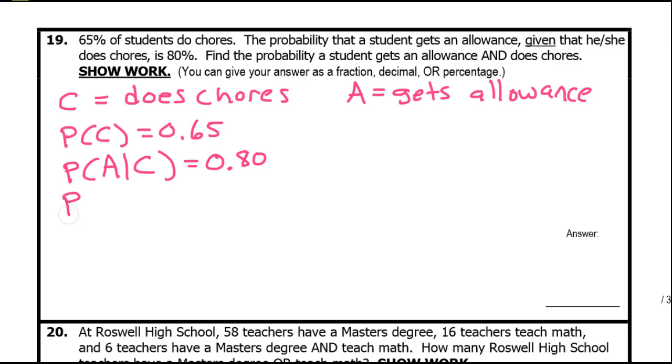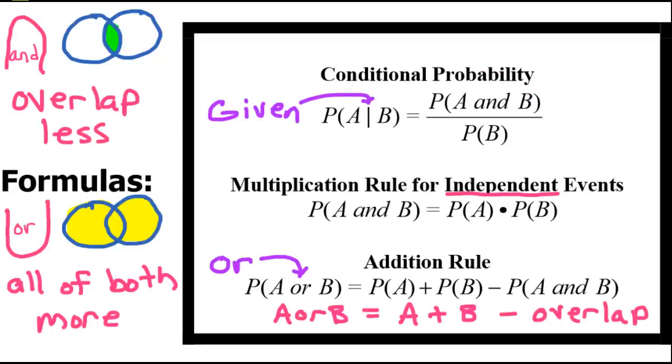Find the probability that a student gets an allowance and does chores. So since this is the thing we're looking for, I'm just going to call this X, so I don't have to write probability of A and C over and over again. It'll just be simpler to look for the X. So now I'm going to set up this formula.